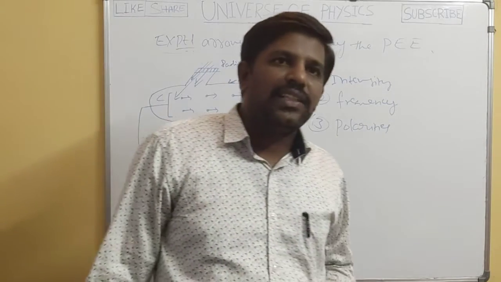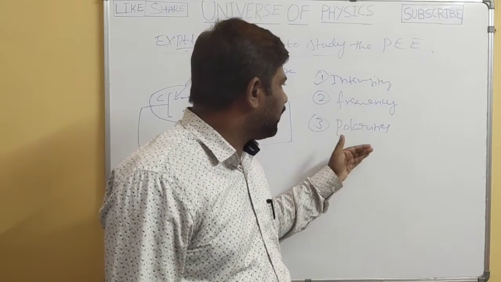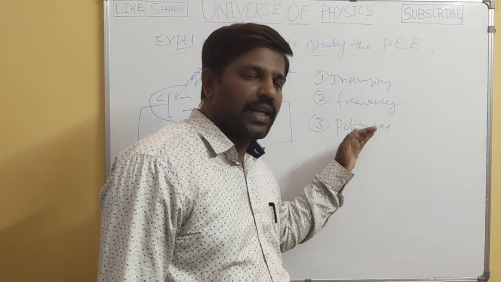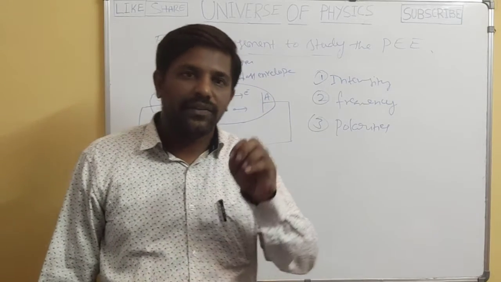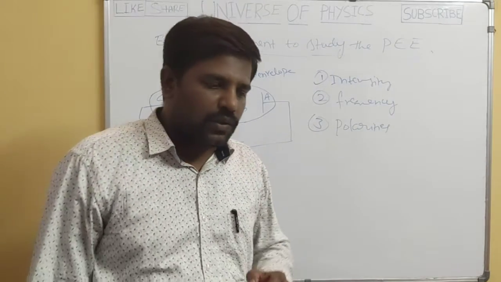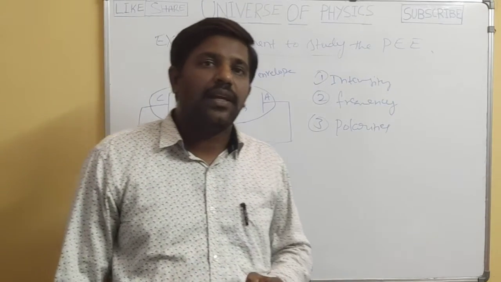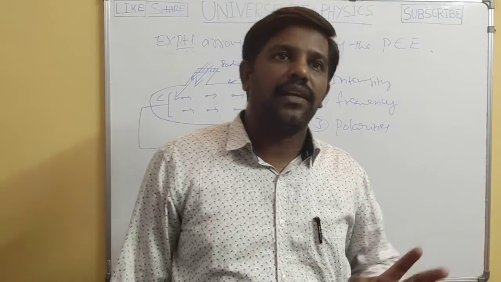Whatever results we get by changing intensity, frequency, or the polarities of the electrodes, those results are called the laws of photoelectric effect, also known as the experimental results of photoelectric effect. This is a very important concept.